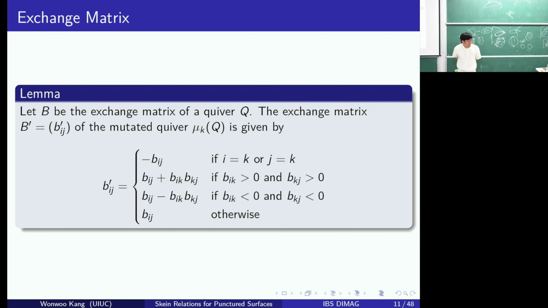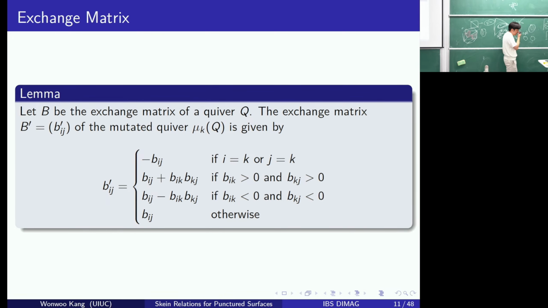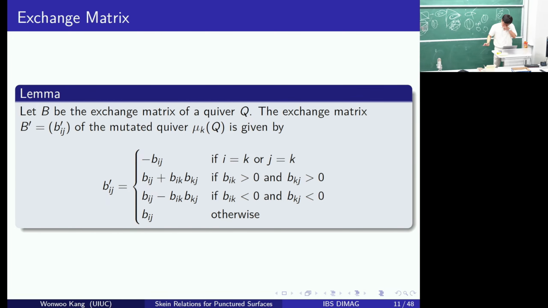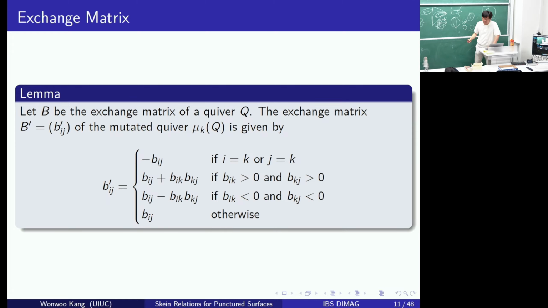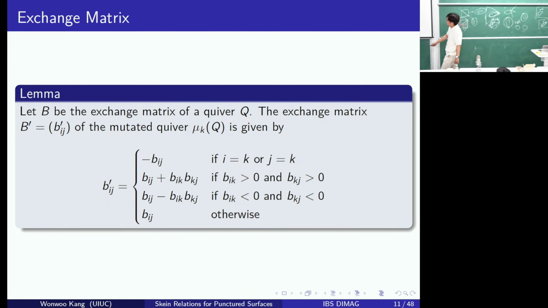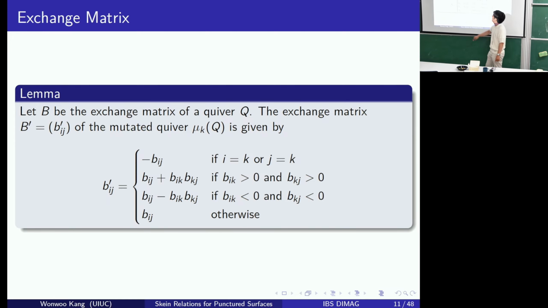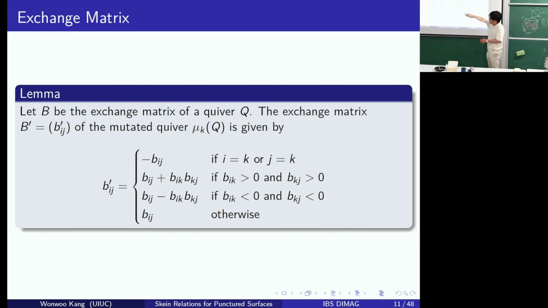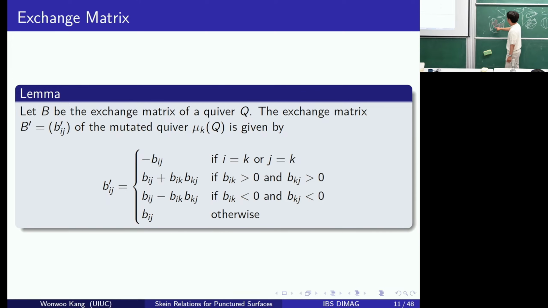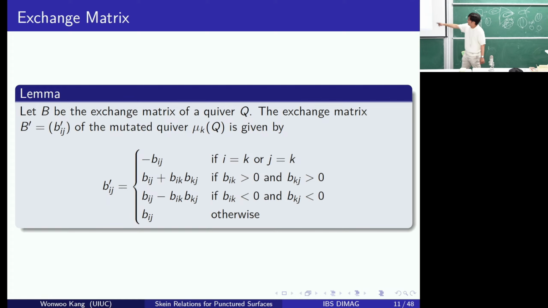And then what happens to the exchange matrix? The exchange matrix follows this rule. It's kind of similar. If there's an arrow adjacent to k, you flip. That is applied in here. And if there are no other parts that are relevant to k, nothing happens. But in this case, there's an i to k to j, so it follows this rule.